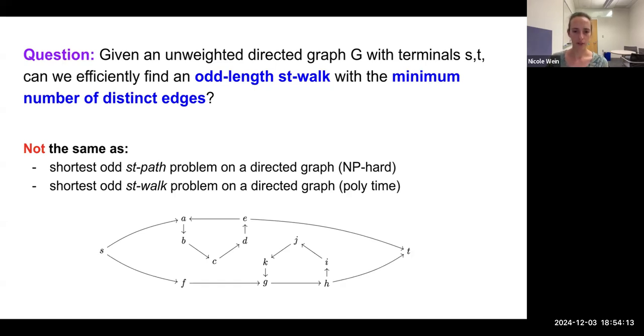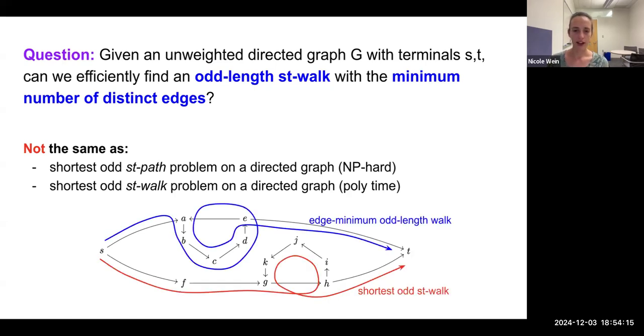So first, here's what I claim. At the bottom, this red walk is the shortest odd ST walk. It uses 1, 2, 3, 4, 5, 6, 7, 8, 9 edges along the walk, and it turns out that's the shortest odd ST walk in this graph. On the other hand, for our problem, the answer is the top blue path. This is the edge minimum odd length walk.